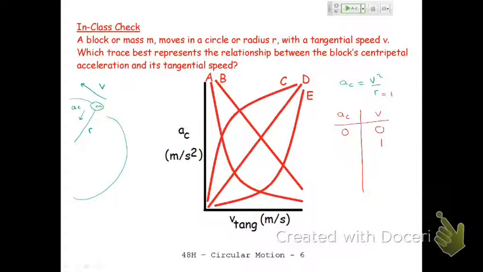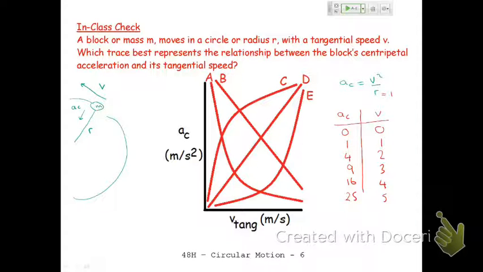Let's let v equal 1. 1 squared over 1 is 1. Let's let v equal 2. 2 squared over 1 is 4. Let's say 3. 3 squared over 1 is 9. 4. 4 squared over 1 is 16. 5. 5 squared over 1 is 25.